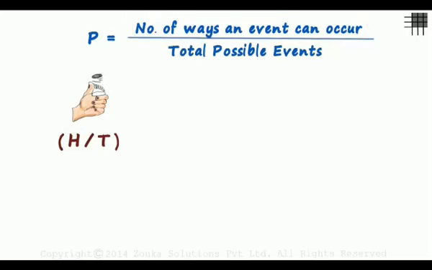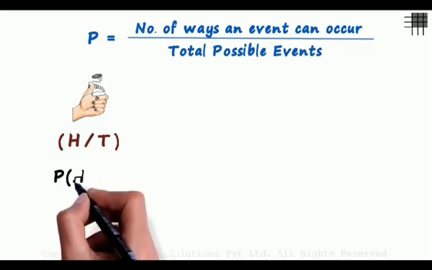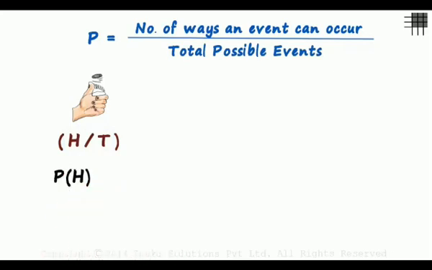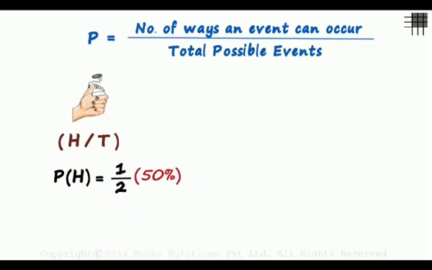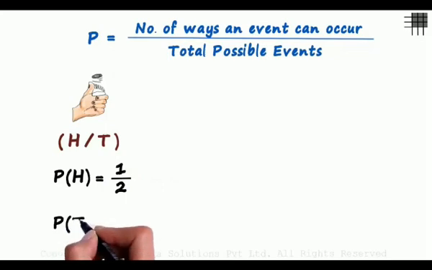There's only one way, and that's if it lands a head. And what are the total possible events? We can get a head or a tail. Two total events. So the probability of getting a head at the toss of one fair coin is 1 over 2 or 50%.